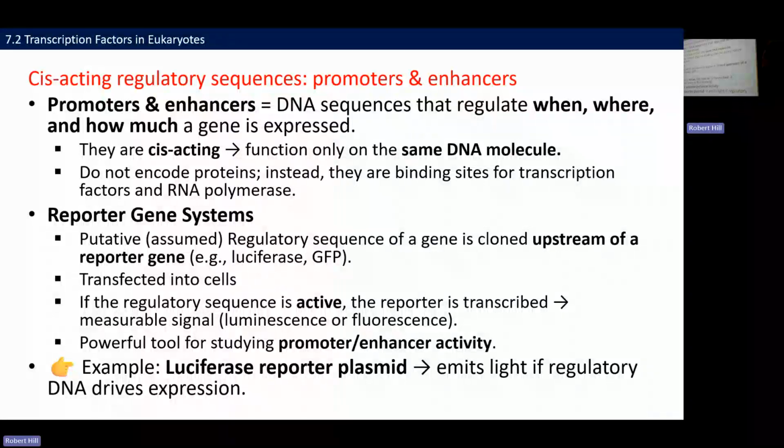It's found in fireflies. And you could actually take the sequence that you think is regulatory, clone it into a plasmid that has the luciferase system, and then test it in living cells to see, are there transcription factors or molecules that bind to that regulatory sequence.